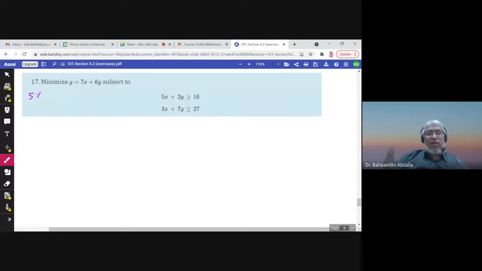So the line is 5x plus 2y equals 16, and if x is 0, y is 8, and if y is 0, x is 16 over 5, and that's 3.2. And the other line is 3x plus 7y is 27.